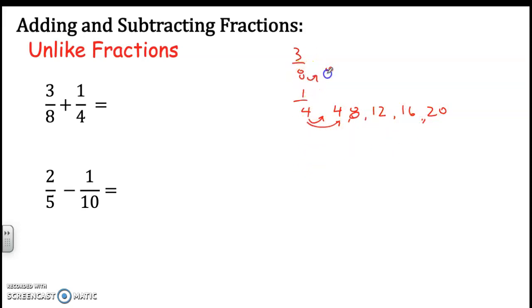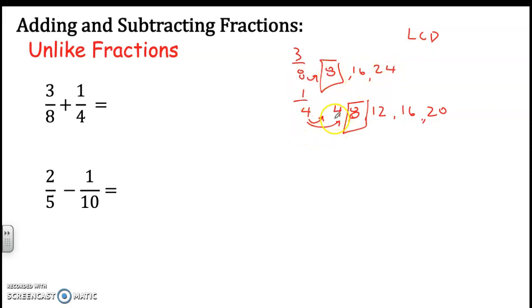8 times 1 is 8. Do I need to keep going? Do I need to go 8 times 2 is 16, times 3 is 24? Not really, because I'm doing the least common denominator. Least common denominator is my common denominator that is the least, the smallest number out of all of them. If you see here, I have 8, 16, 24.